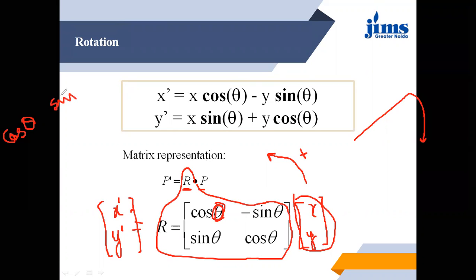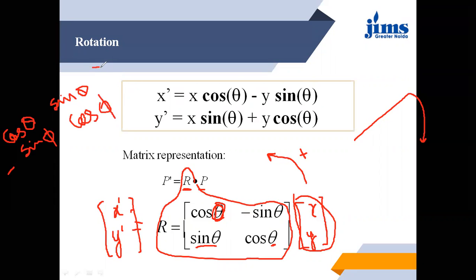Next, in the next line, sine minus theta equals minus sine theta, and cos minus theta equals cos theta. So in case of clockwise rotation, the matrix will be this one.